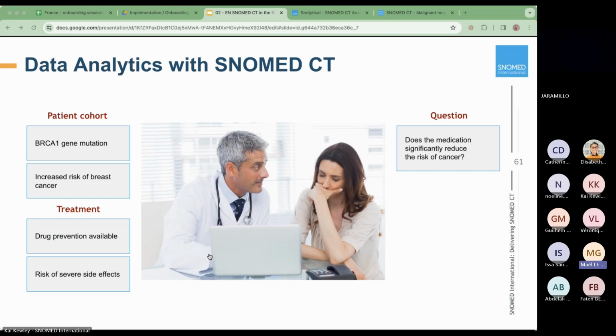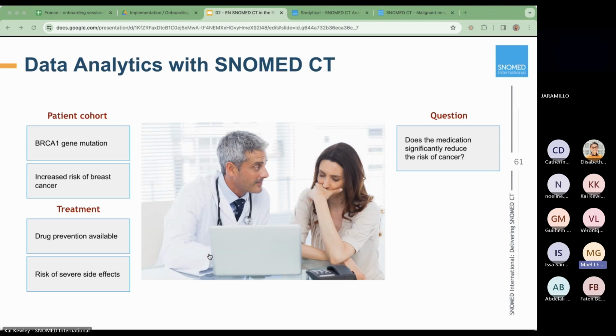We have a scenario here concerned with breast cancer and the BRCA1 gene mutation. So we're considering a patient cohort who have had the gene mutation test and have tested positive, and we know that they're at an increased risk of cancer, and it could be breast cancer.